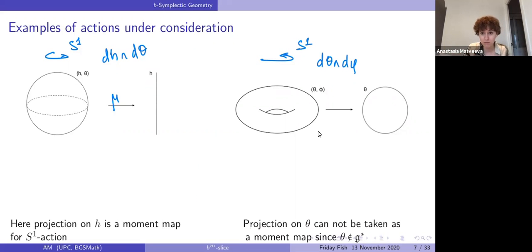Your natural candidate for the moment map will be projection on the second circle. But then you understand that theta doesn't lie in the Lie algebra dual. For this case, there will be a list of references at the end of my presentation, but the first reference would be the paper of Dusa McDuff, I think it was in '88.